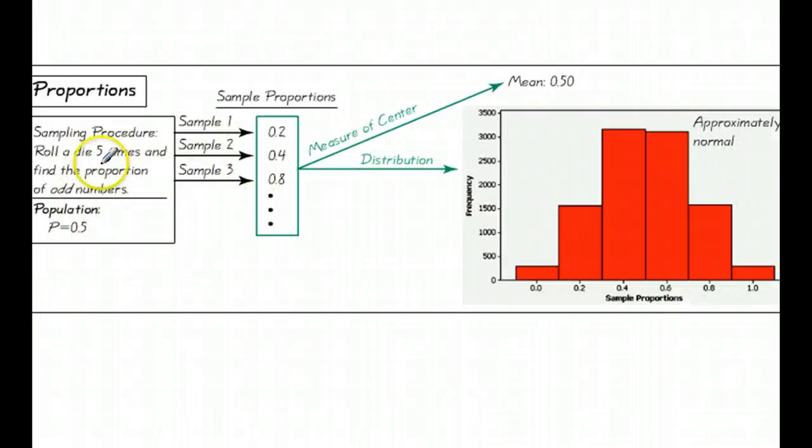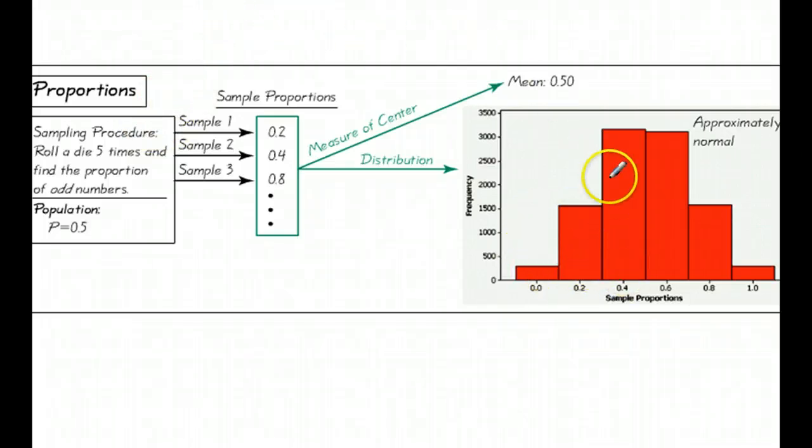Alright, now I roll 5 times, alright, and I'm computing the proportion of those 5 that are odd. Because I rolled 5, the only things that are possible are 0 out of 5, 1 out of 5, 2 out of 5, 3 out of 5, 4 out of 5, and then 5 out of 5. So 0.5 is not possible here, but because the closest two things to 0.5 are 0.4 and 0.6, they're the most frequently occurring when we're doing 10,000 trials.